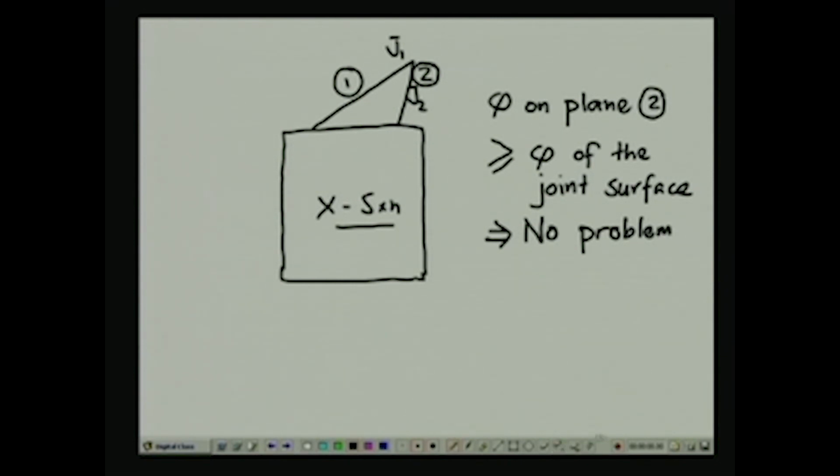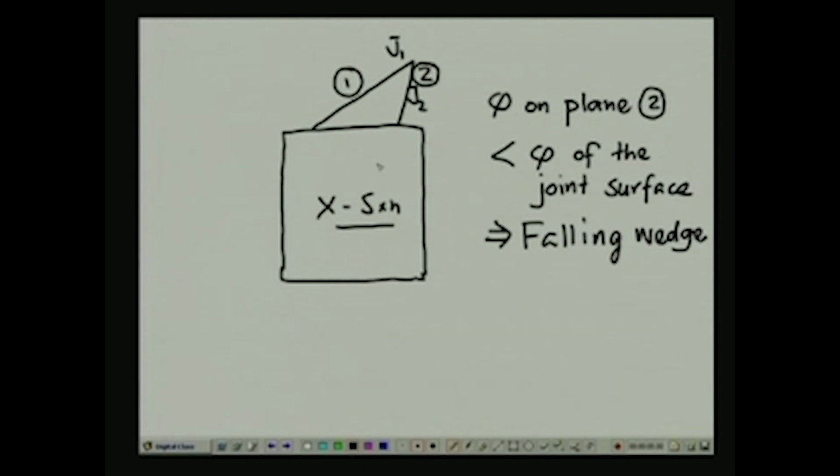Whereas if this one is less than phi of the joint surface, then we would have a falling wedge. So this is a very simple way of identifying a falling wedge.